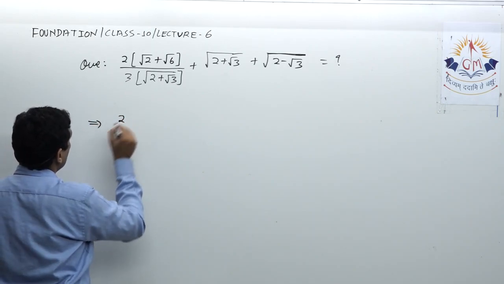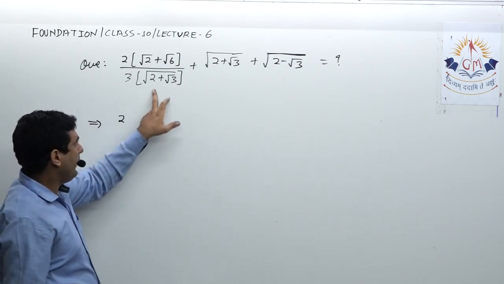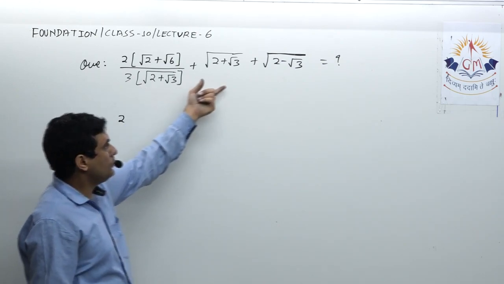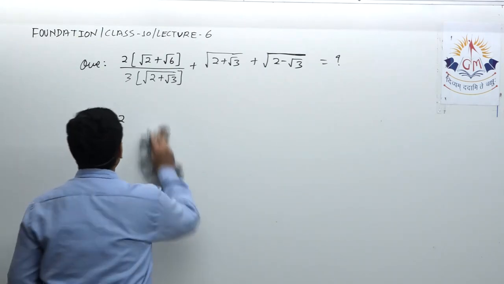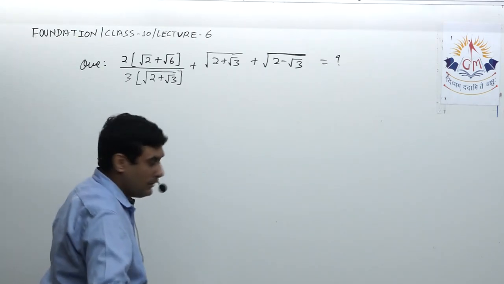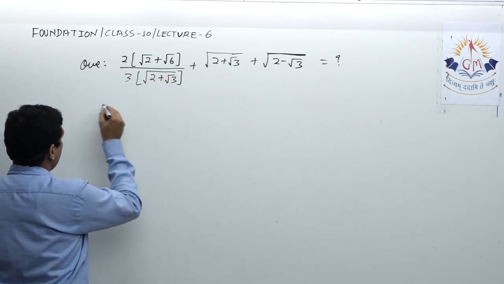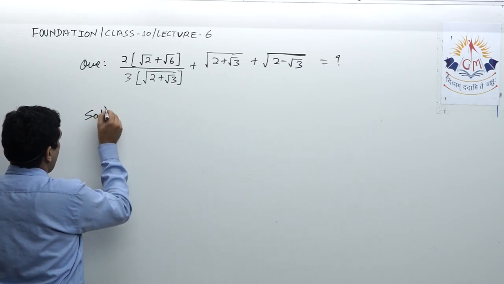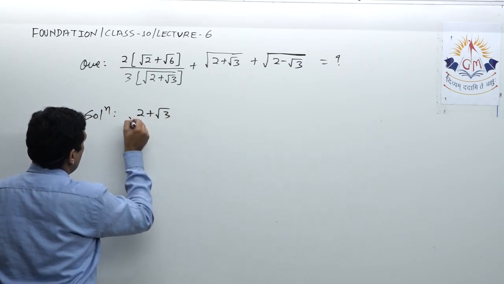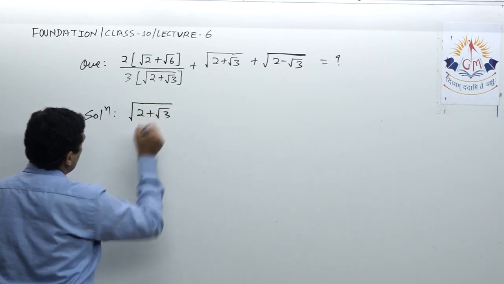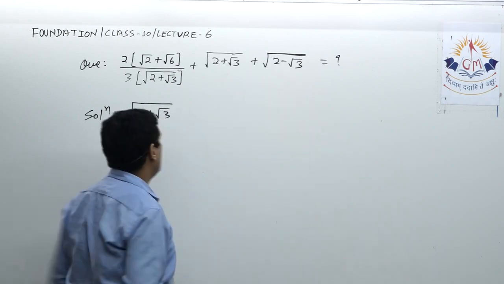I can do one thing: I find the square root of this 2 plus root 3 separately, and then I'll keep the values over here. So that will save my time. I am simply finding the square root of this 2 plus root 3, and also I have to find the square root of this 2 minus root 3.